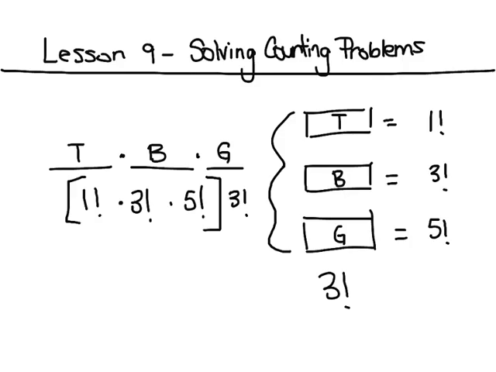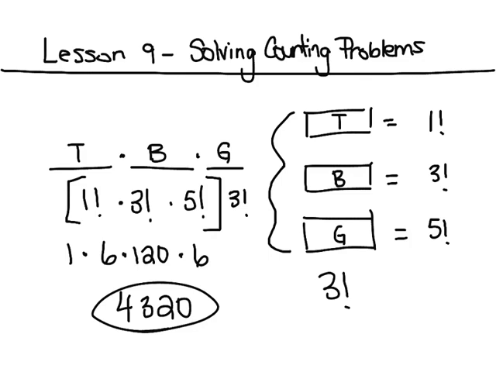So we're multiplying 1 times 3 factorial, which is 3 times 2, which is 6, times 5 factorial, which is 120, times 3 factorial, which is 6 again. So altogether, there's 4,320 ways to arrange these children, which seems ridiculous for one picture, but there's that many options.